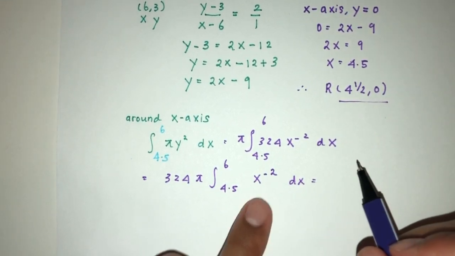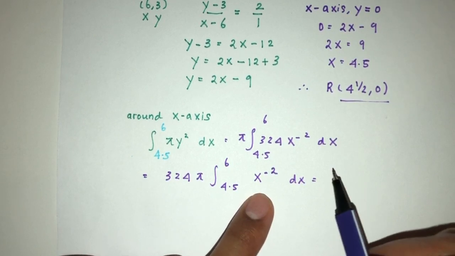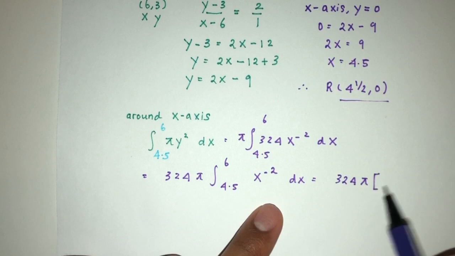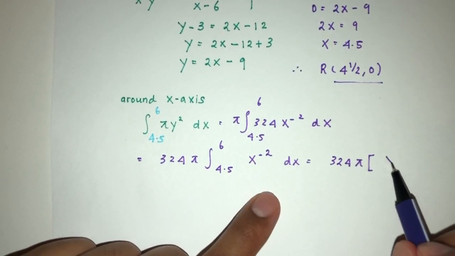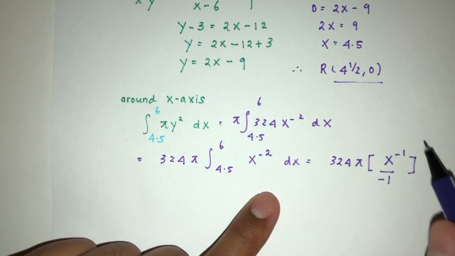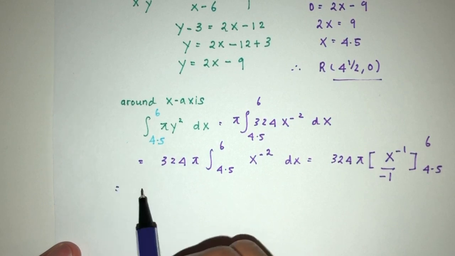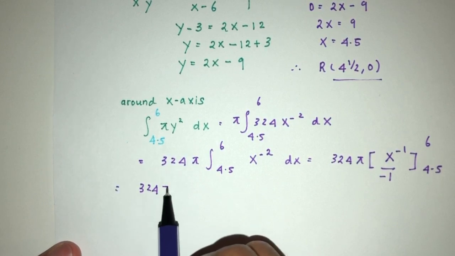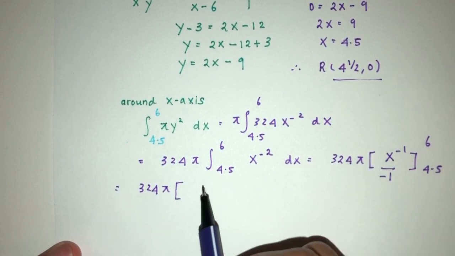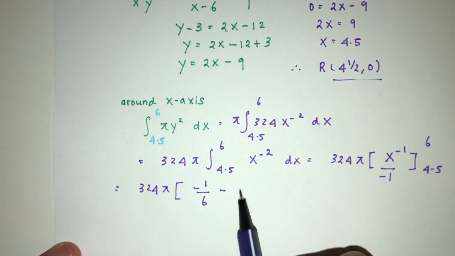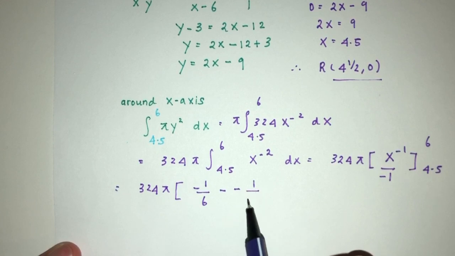So step by step, first we have to do what? First we have to add 1 to the power. This is just a constant, right? We can leave this outside. We add 1, that will be minus 1, then divide by the same power, and that's it. That will be between 6 and 4.5. So you will have, let's see, 324 pi. First one you will have minus 1 over x, x is 6, then minus 1 over 4.5.